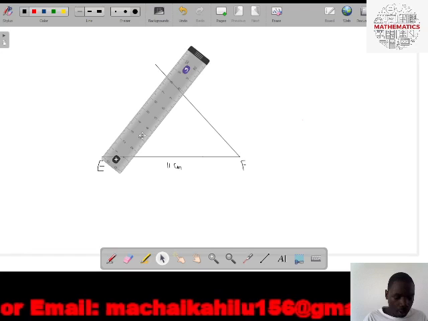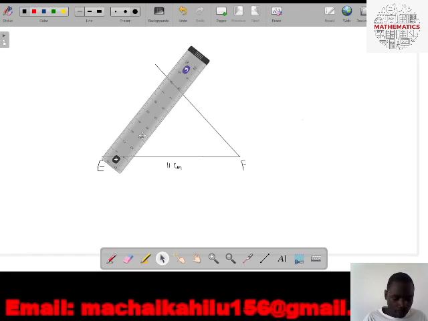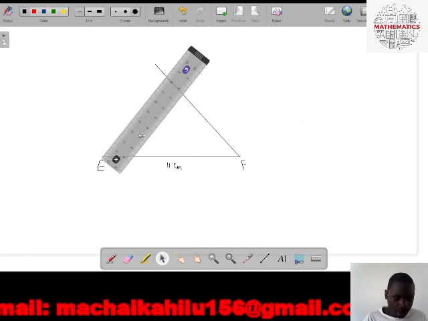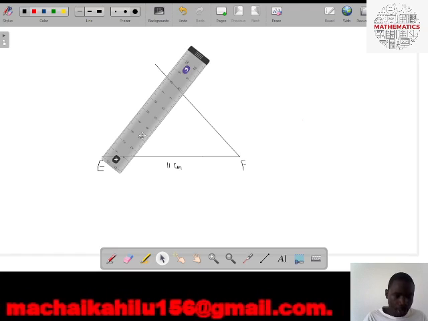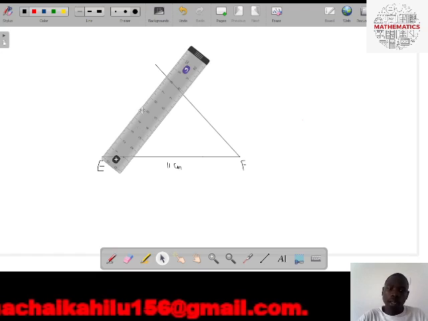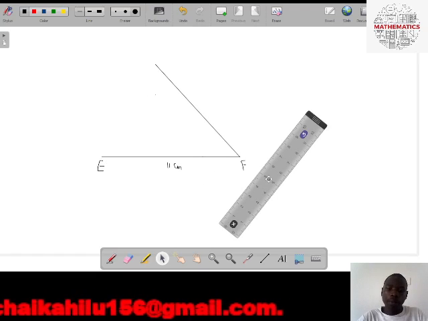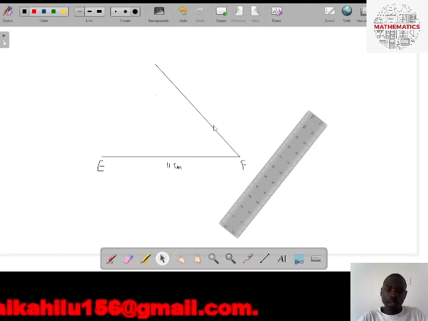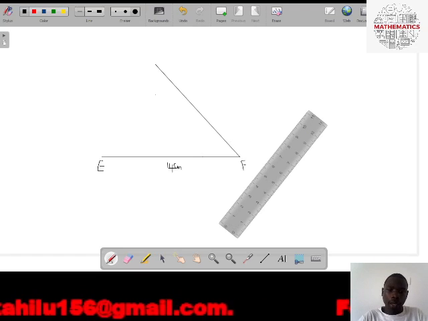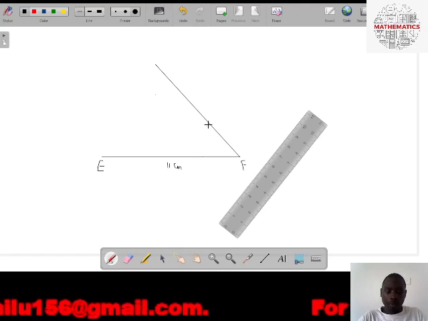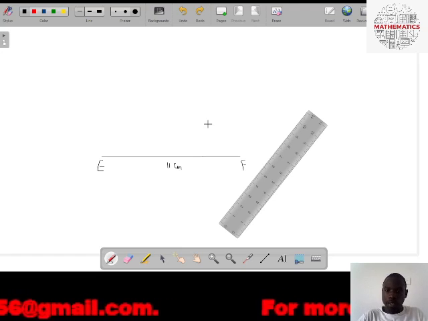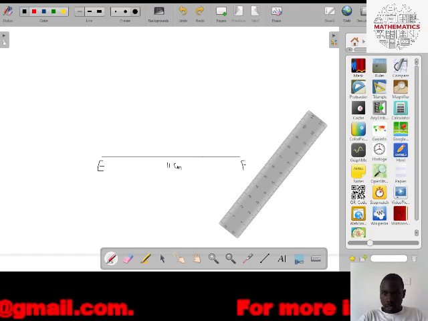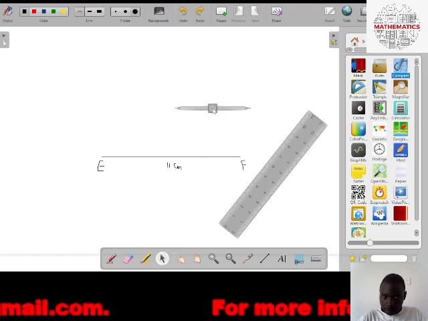To construct a triangle EFG in which EF is equal to 11 centimeters, EG 6.5 and GF 10 centimeters, if you are not comfortable using a ruler, you can still use a compass. So when using a compass, let me just produce my compass.